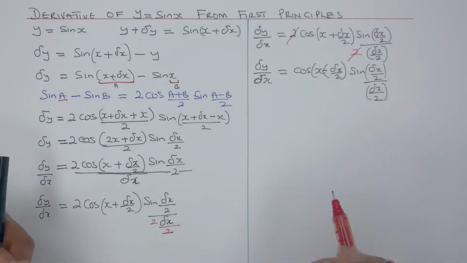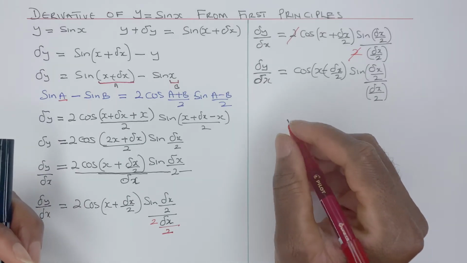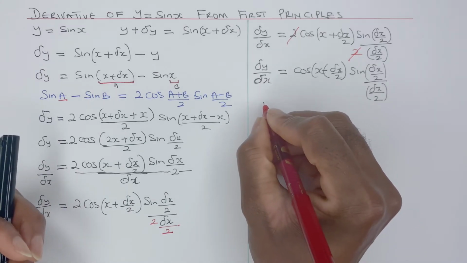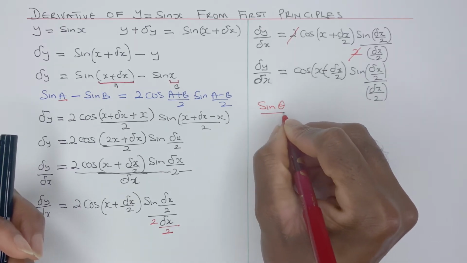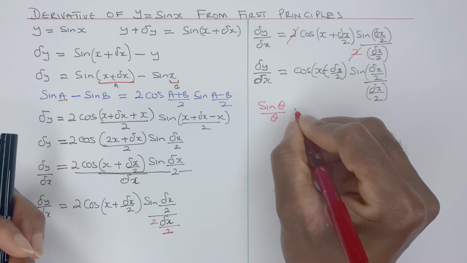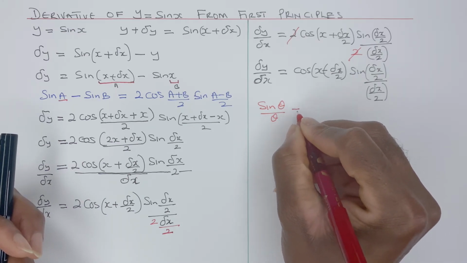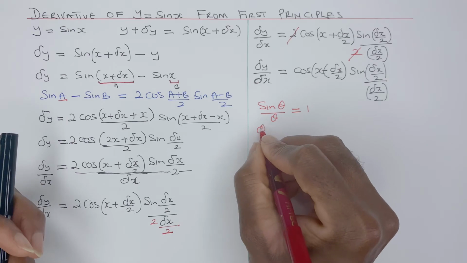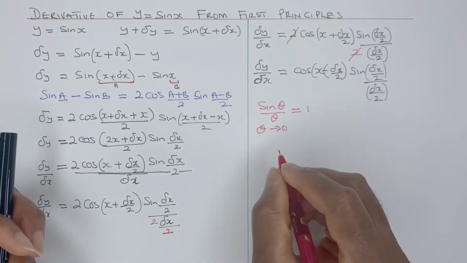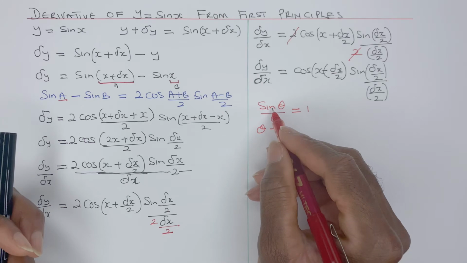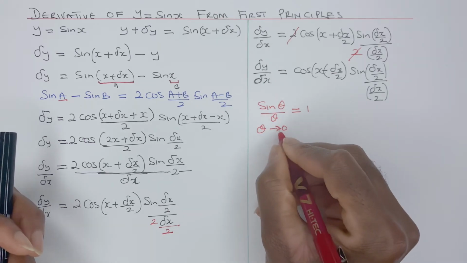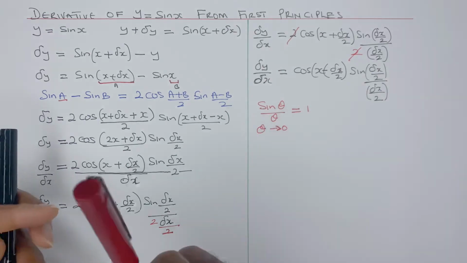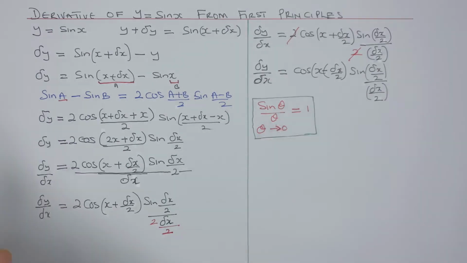Now, there is a limiting value which says that sine of theta over theta equals 1 when theta tends to 0. So as theta tends to 0, sine theta becomes theta, and theta over theta is 1. So that's a limiting value. This value is very important to remember. It's one of the limiting values that we need to remember.